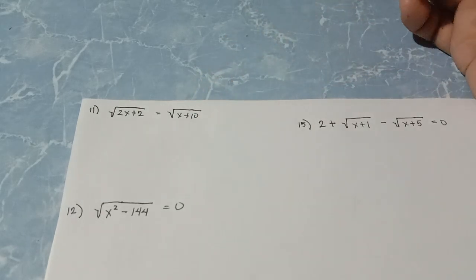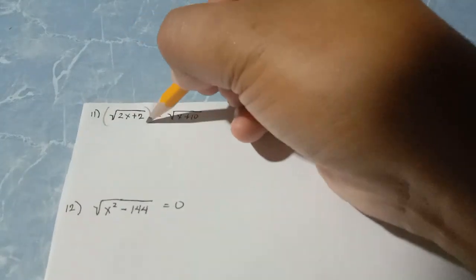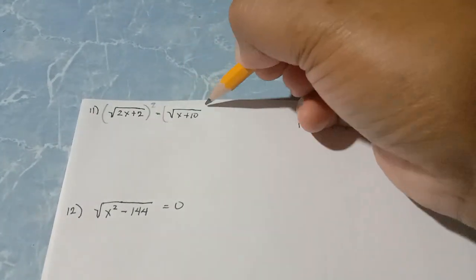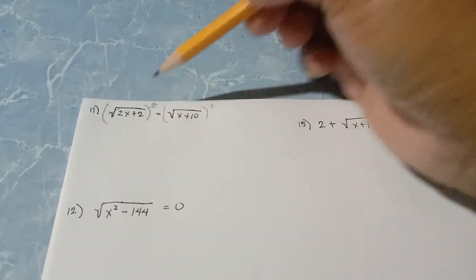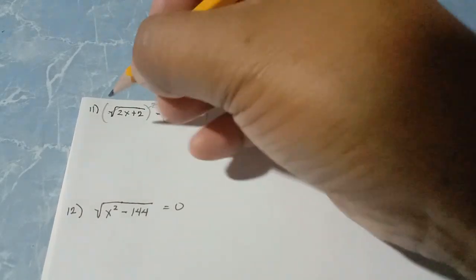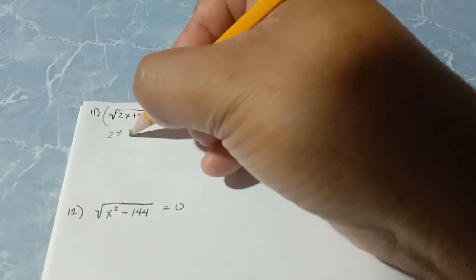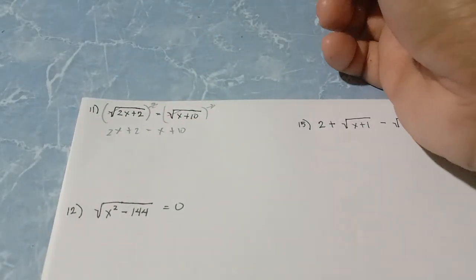Okay? So, parehas naman siyang square root. So, walang problema. Squared lang natin parehas, both sides na equation. Siyempre, makakancel ang radical dito, cancel exponent. Dito rin, cancel yung radical, cancel exponent. So, natira sa akin ay, yung nasa loob, 2x plus 2 is equal to x plus 10.